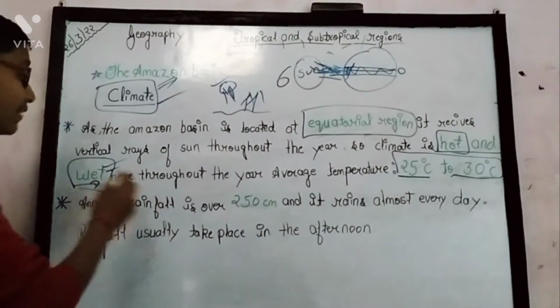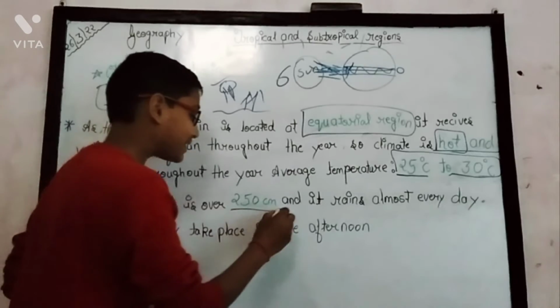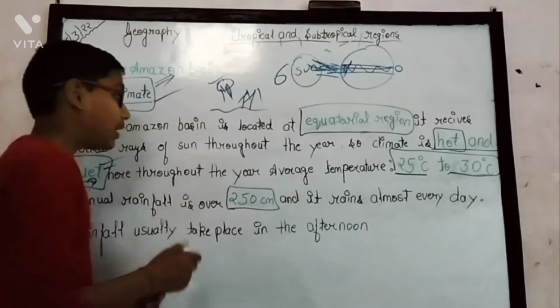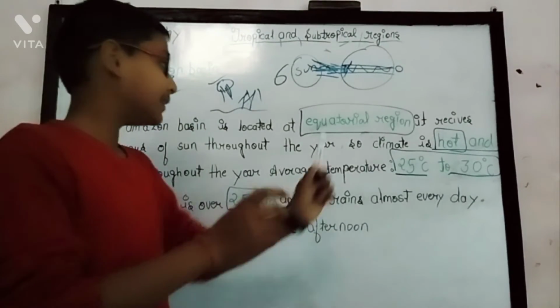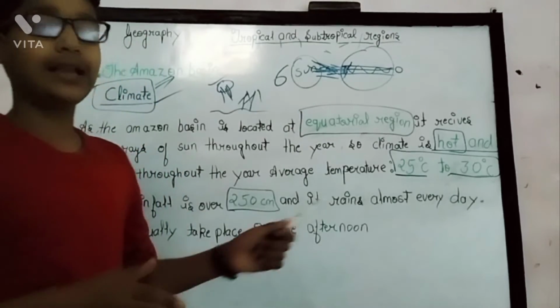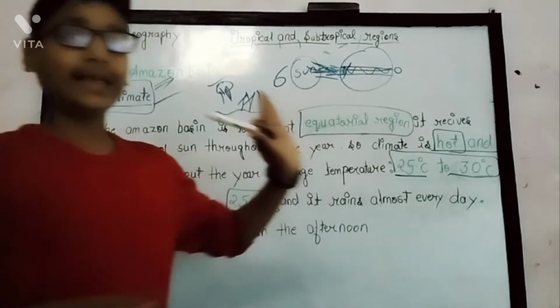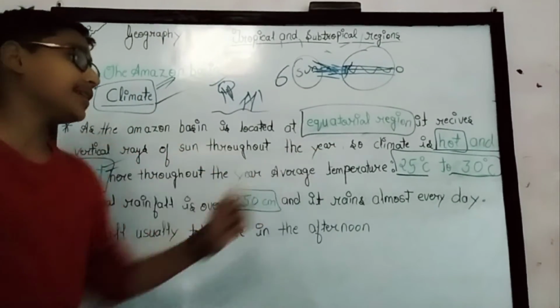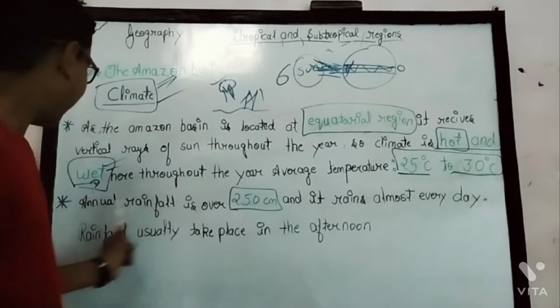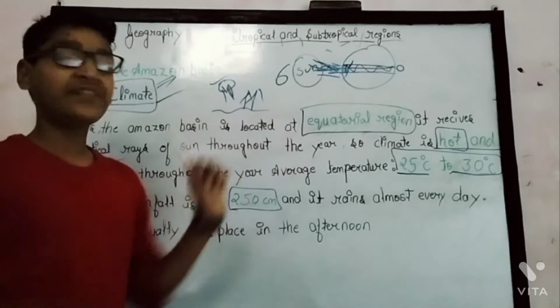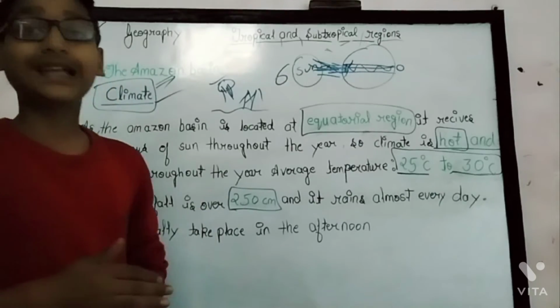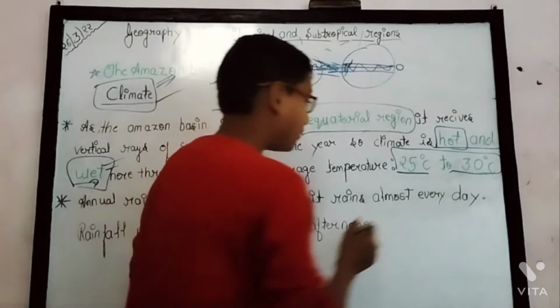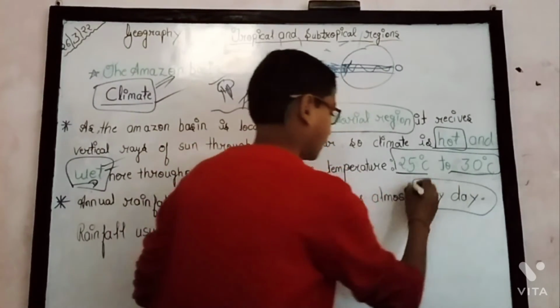And annual rainfall is 250 centimeters. These are the important topics that I have written in green ink: equatorial region, hot and wet, and rainfall of 250 centimeters. So it rains almost every day.